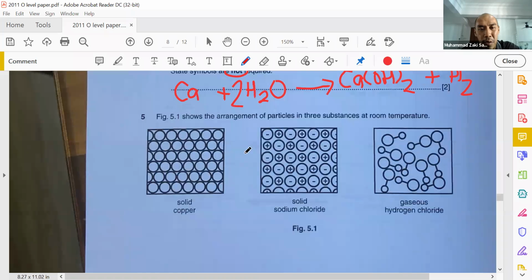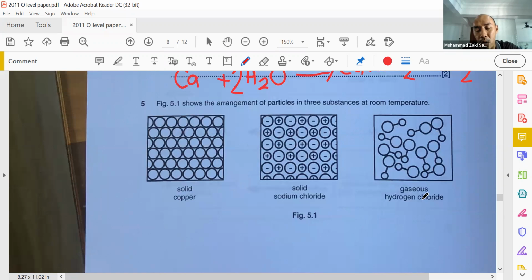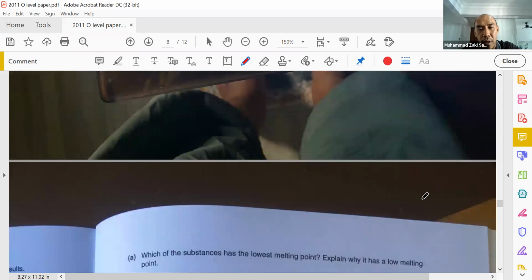These two, metal and sodium chloride, have high melting points. Metal has a metallic bond, a strong interatomic force. The ionic compound also has a high melting point because of strong electrostatic force. This one is a covalent compound, with a low melting point. It has low intermolecular force.